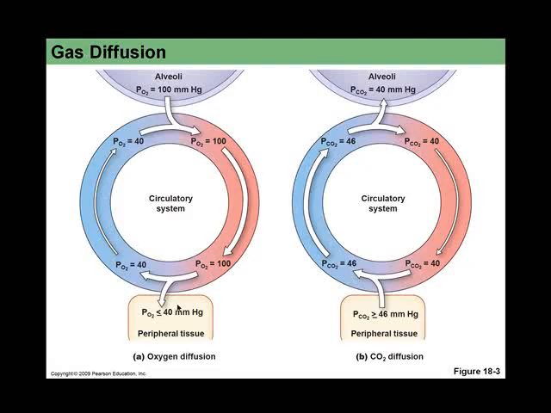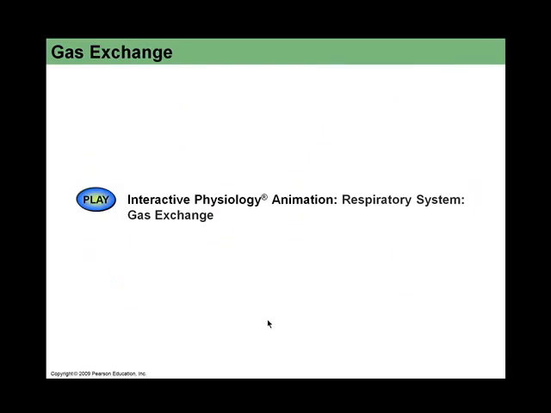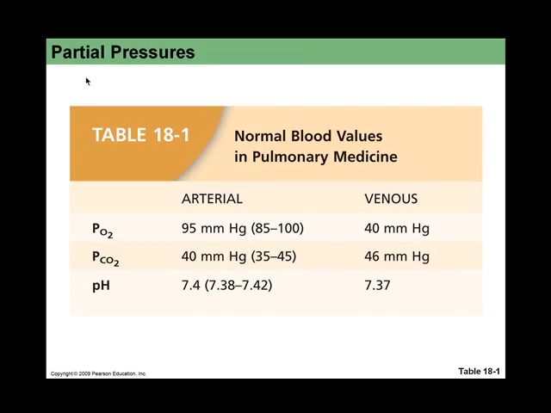The PO2 in the tissues is going to be roughly equivalent at any one point in time to that within the venous blood, and the same for the PCO2. But you've got to be dumping in the equivalent of 60 millimeters of mercury to sustain the homeostasis in the peripheral tissue. So you can take a look at the animation for this on the CD if you have it.